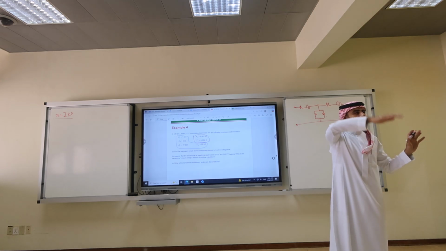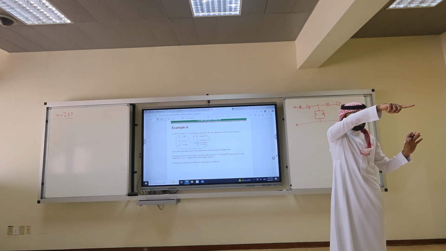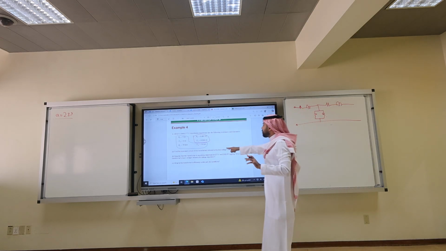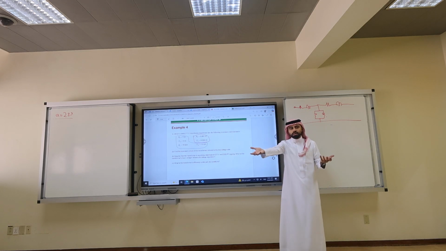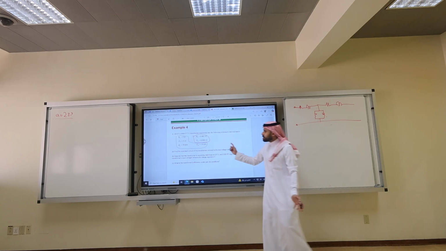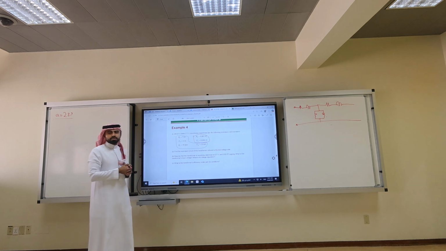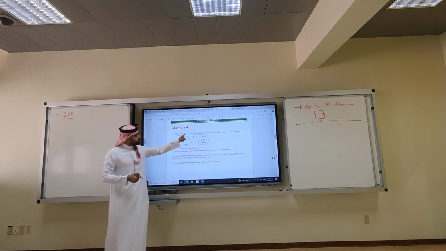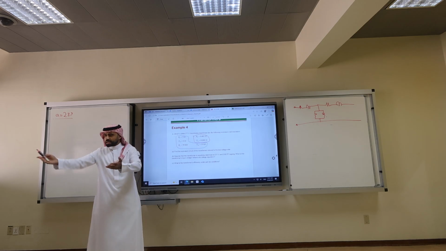Secondary, wrong. The right answer is this. The question says at the low voltage side. I don't know what is the low voltage. Is it the primary or the secondary? So go back to that. Which happens to be the low side? Secondary, 270. So I refer it to the secondary.